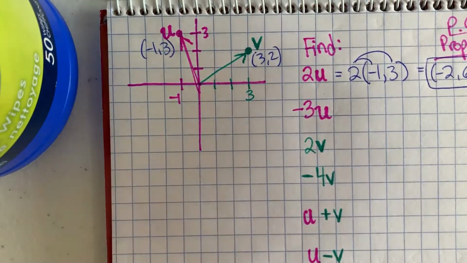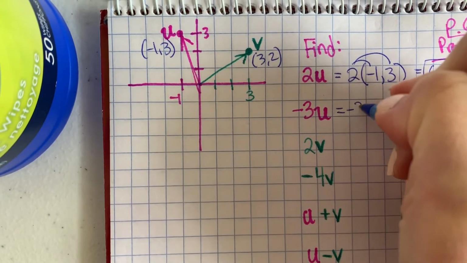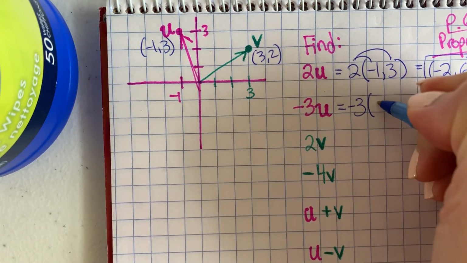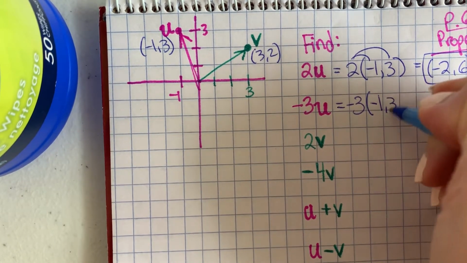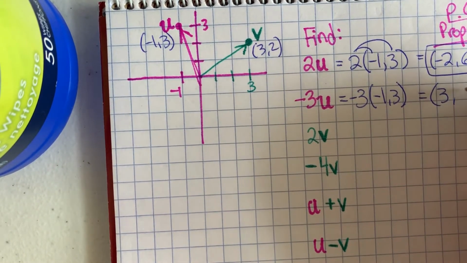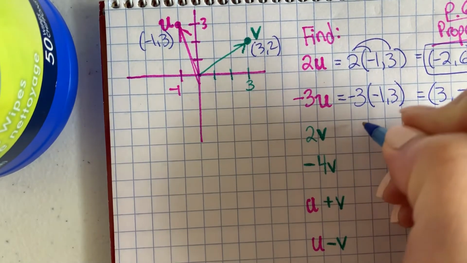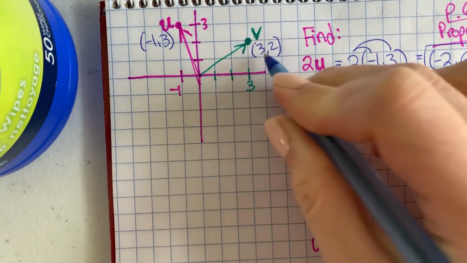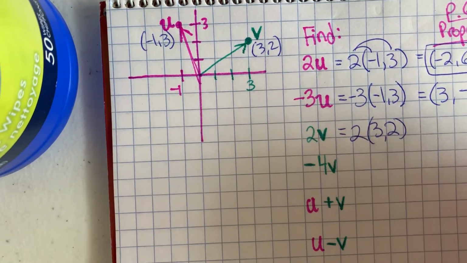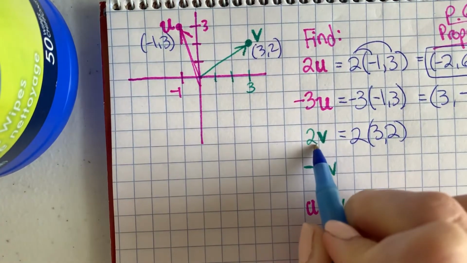Okay, so -3u, negative, not as scary as you think. You're just distributing -3 onto the -1 and the 3. So negative times negative, we have a positive 3 and a negative 9 there. 2v, looking at v as 3, 2, so we're multiplying that by 2. We're doubling it, right? What would this look like?